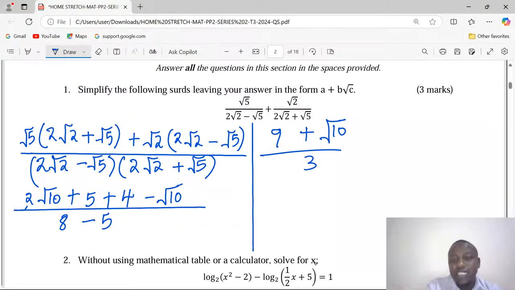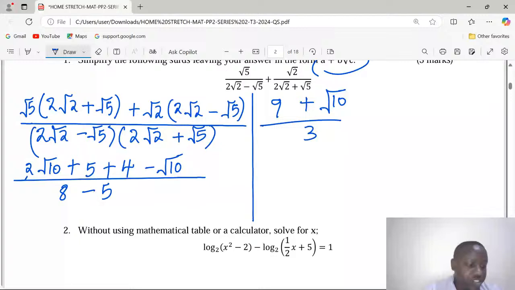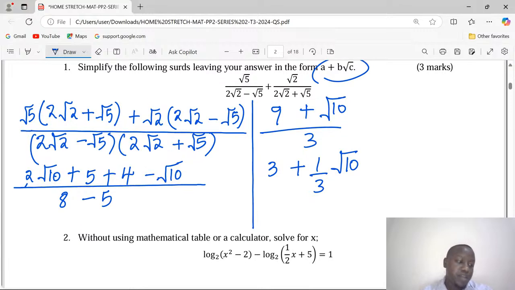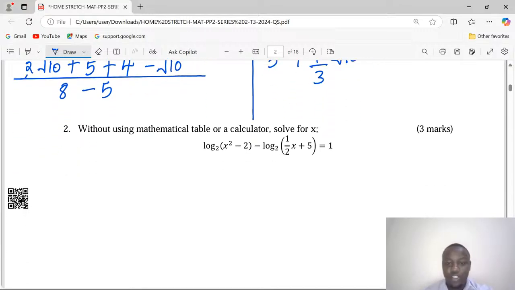Now that there is a format in which we are supposed to express the final answer, we divide each separately by 3. So we'll get 3 when we divide 9. Then the second one now becomes a third, the root of 10. So that is how we solve the first question.